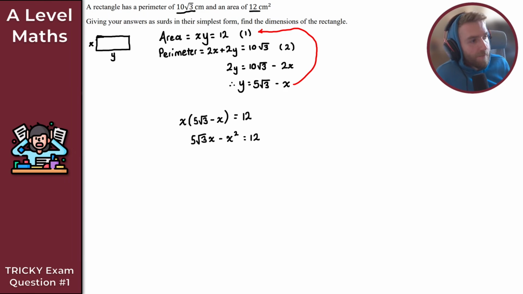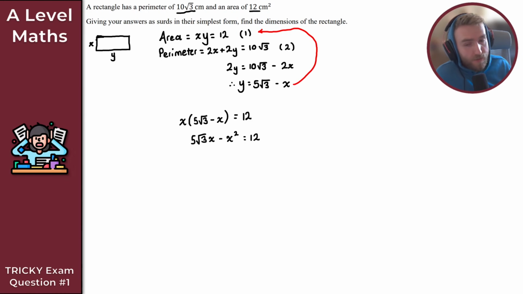Now clearly, what we have obtained is a quadratic equation. But what I want to do is make one side of this quadratic equation 0, right? And hopefully solve for x then. Because we're looking to find the dimensions of this rectangle, so clearly we need to find x and also y. Given that this is minus x squared, we don't really want to work with minus x squared.